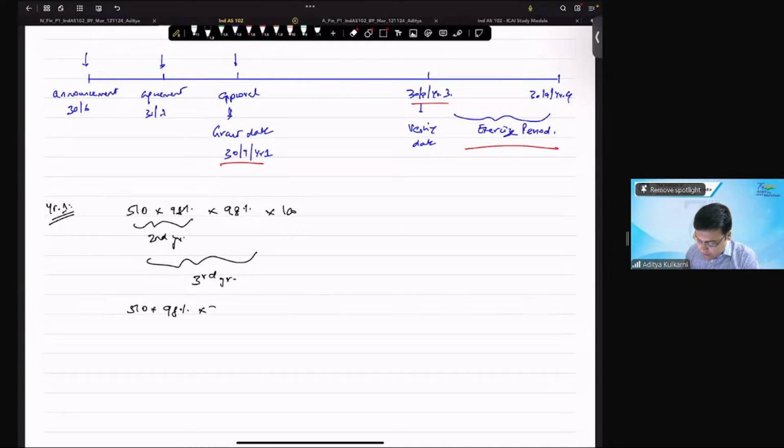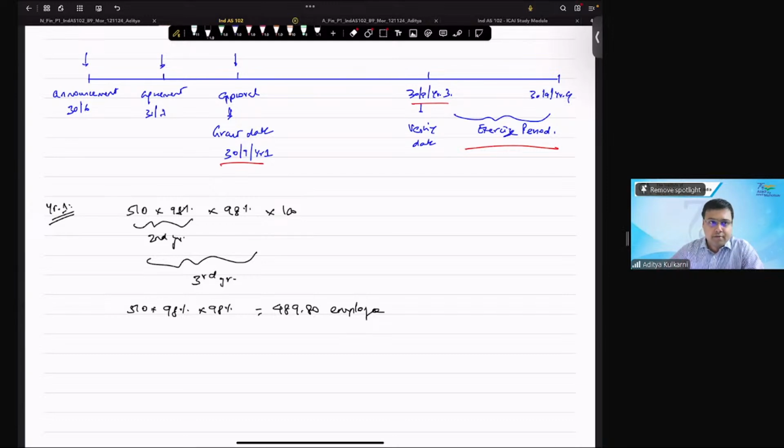Now, there may be some students who will say that, sir, we will take 510 employees into 98% into 98%. So how much does it come to? It comes to 489.80 employees. Yes or no?